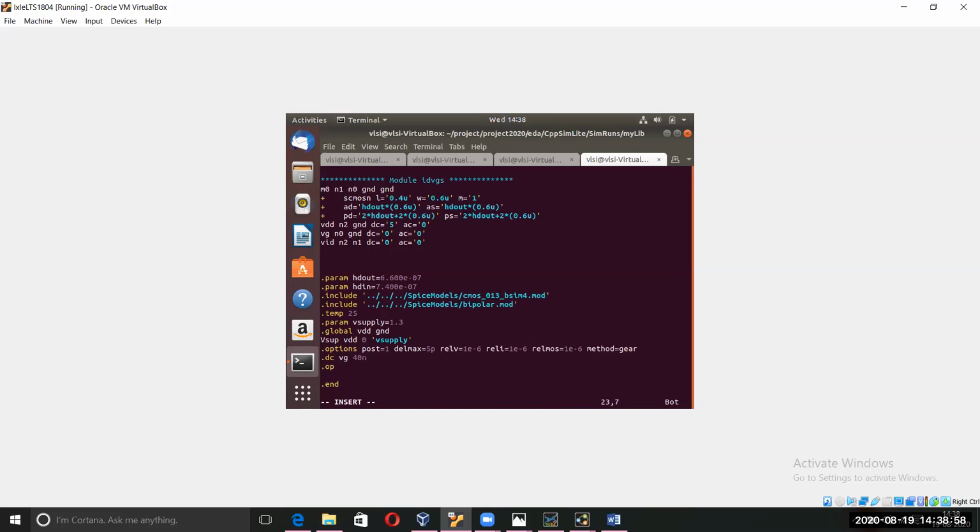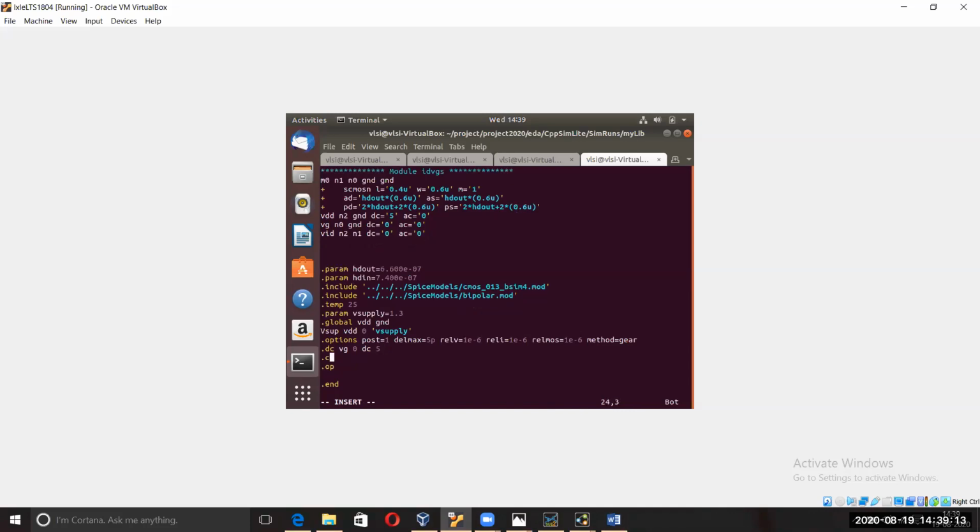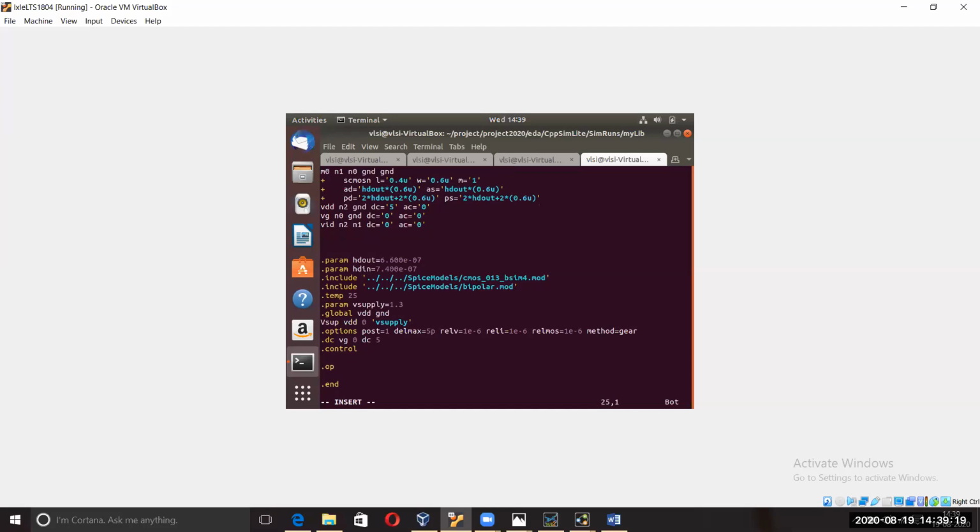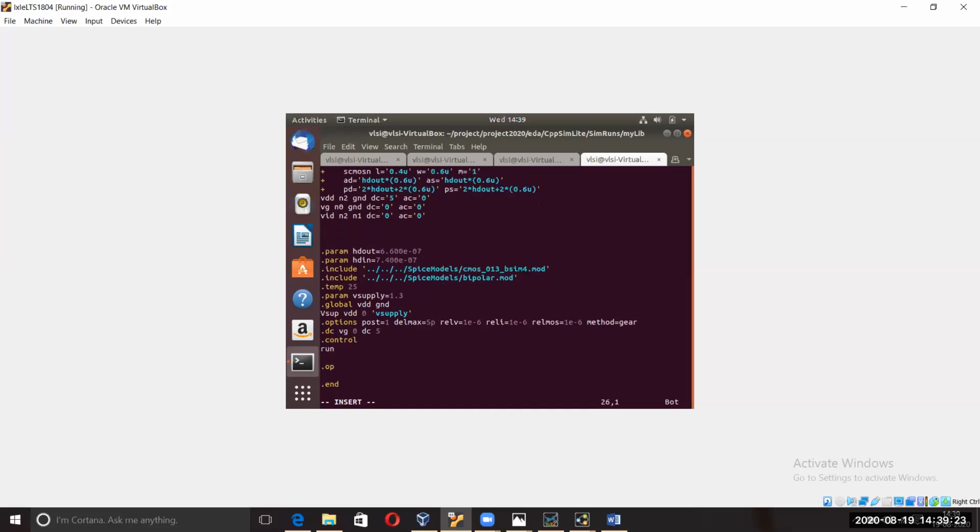We have to sweep the VG value from how much? 0 to 5. So just give 0, DC, 5. Then .control, and inside that, run and plot.